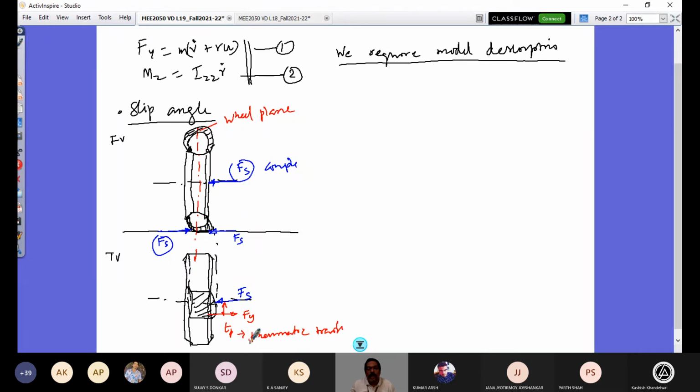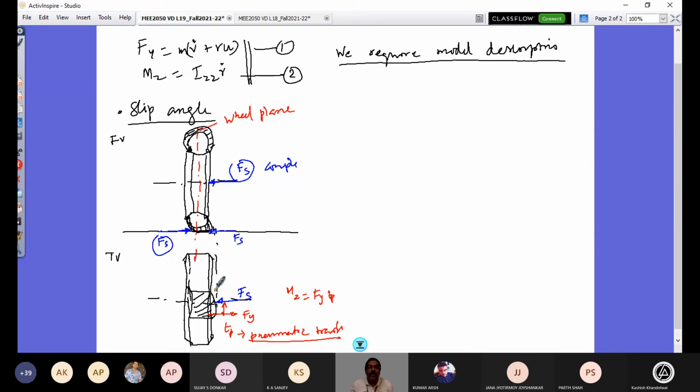Pneumatic trail, right? So this pneumatic trail is an offset distance of your resultant Fy in the contact patch, which should balance this force. But what is happening? The force is balanced, but you see there is an unbalanced couple. So this M would be given by this Fy times Tp.